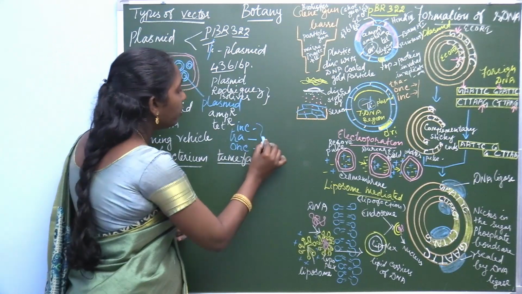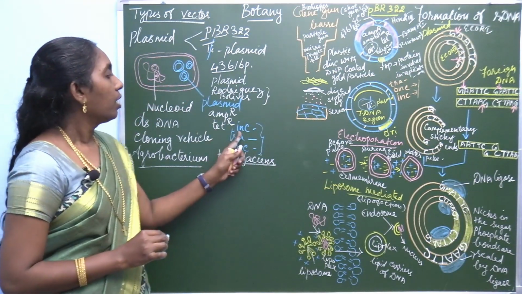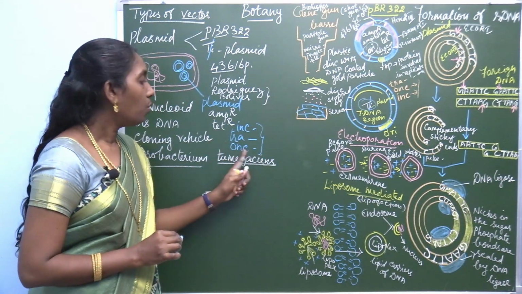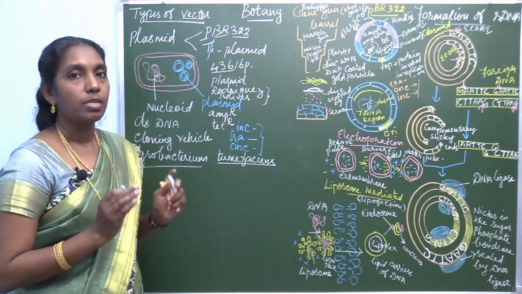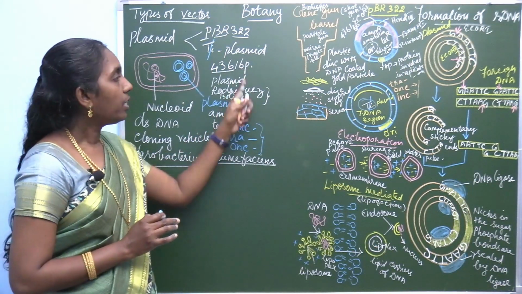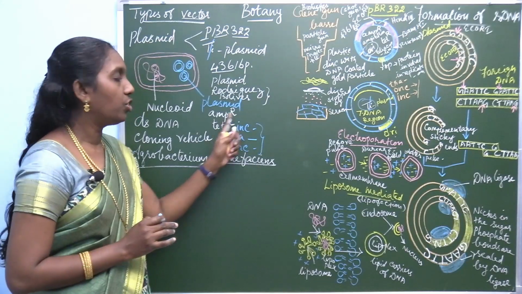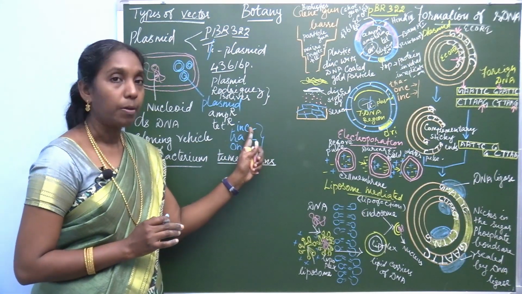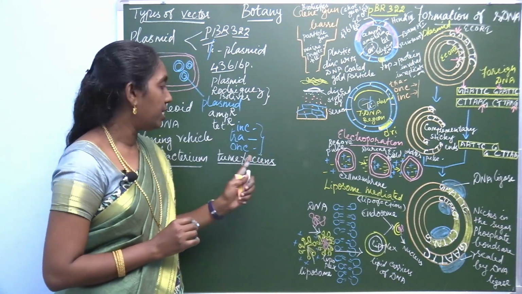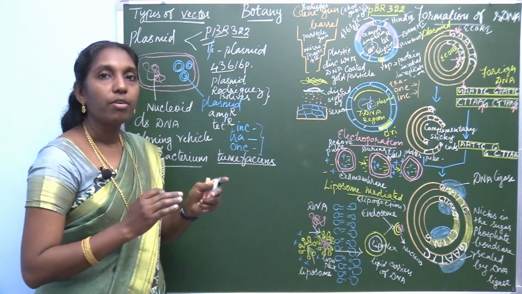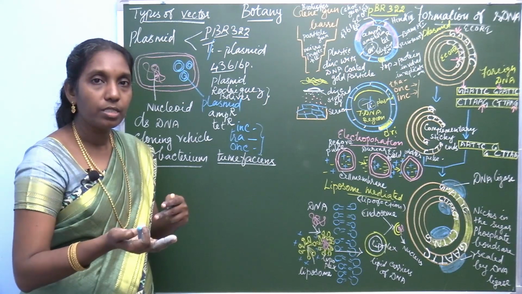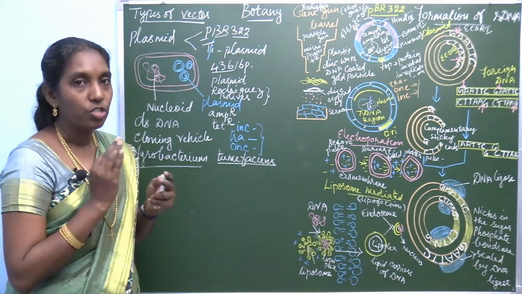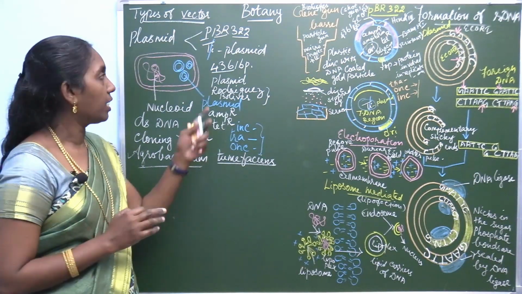So these three genes, inc, tra and onc, are important in the Ti plasmid. Inc represents incompatibility, and tra is used to transfer the gene from the tumor inducing plasmid.